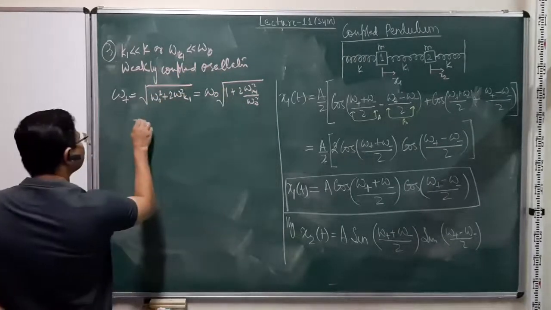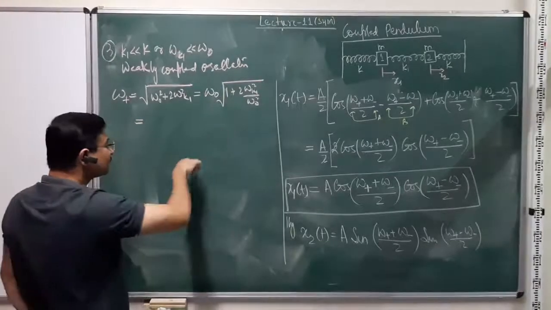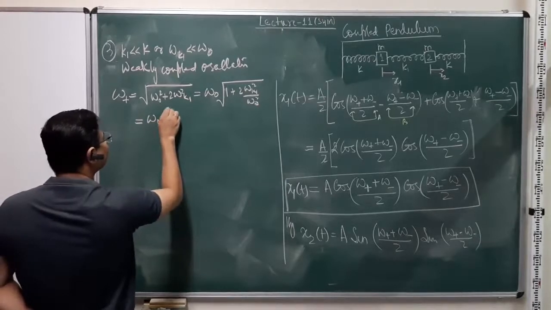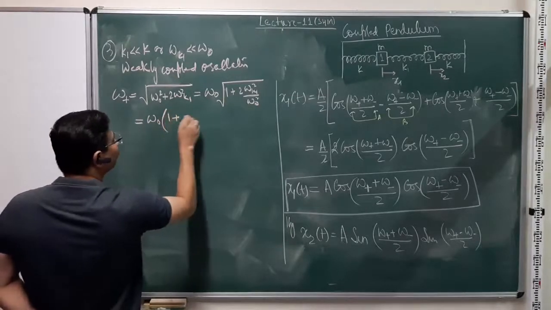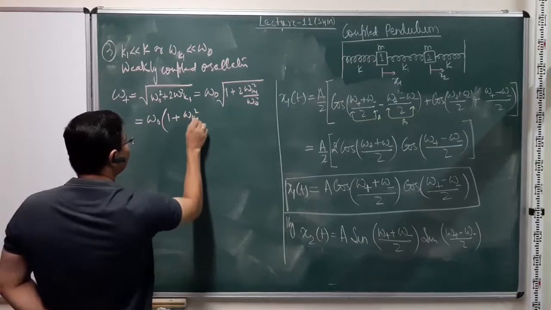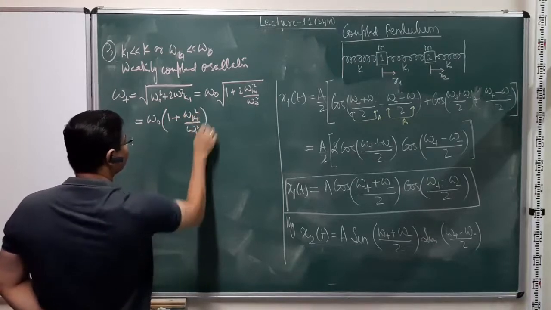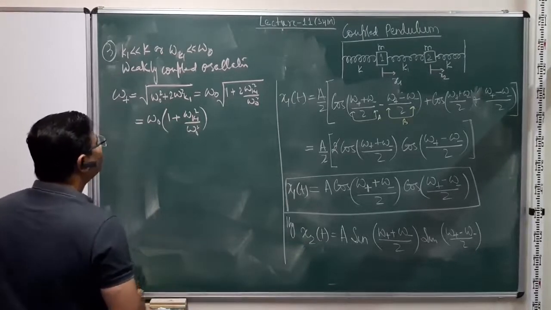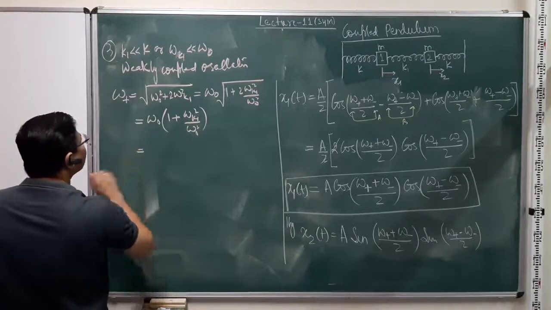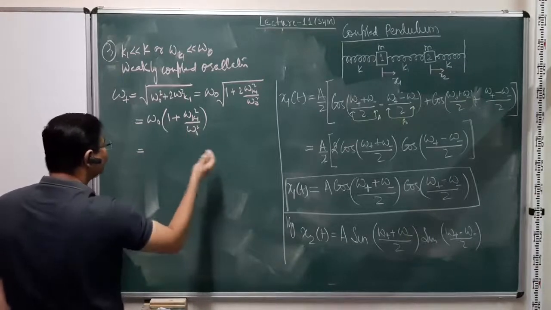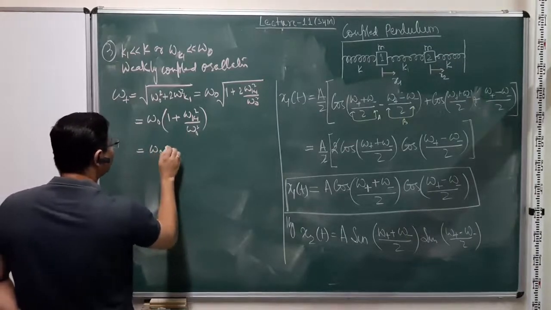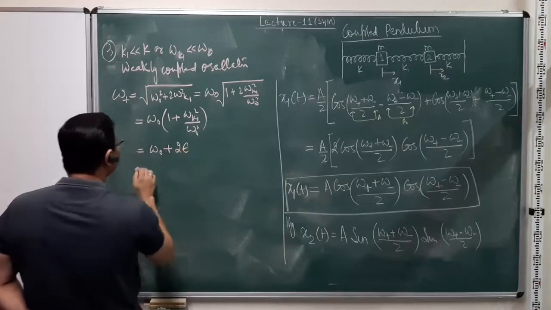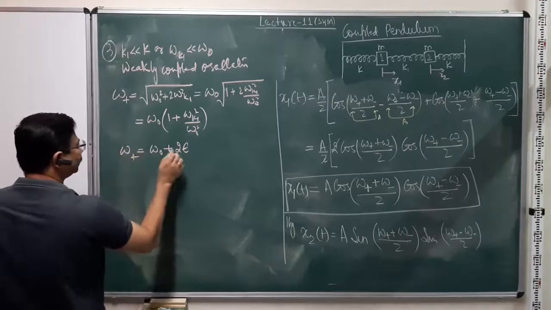So we can do a binomial expansion, keep the first two terms, forget about the higher order terms, and make that approximation. This will then give us 1 plus omega k1 square over omega naught square. What I want to do now is write it in terms of, again, two frequencies. So omega naught plus, let me write it down as 2 epsilon.